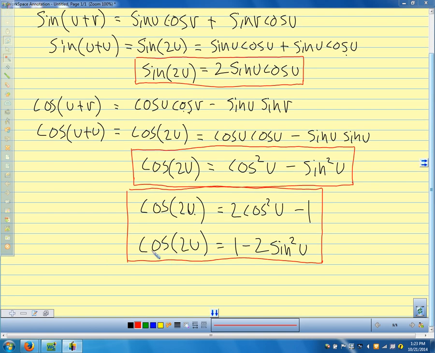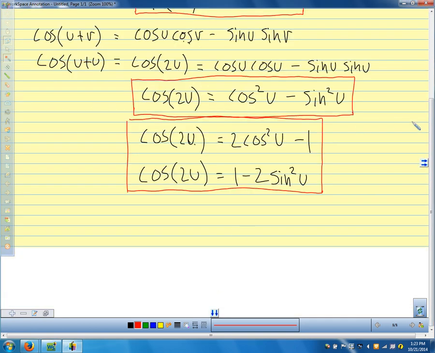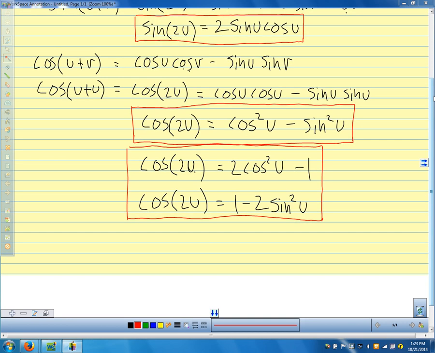To find tangent of 2u, we just put the sine of 2u over the cosine of 2u and simplify. So our double angle formula for tangent of 2u equals 2 tangent u over 1 minus tangent squared u.